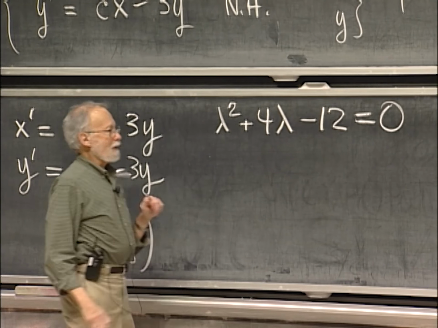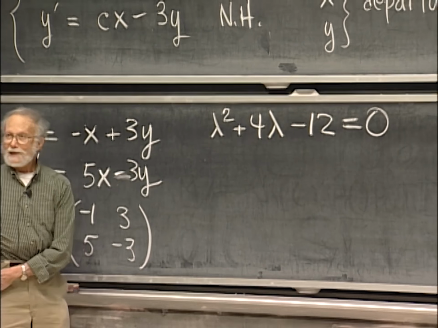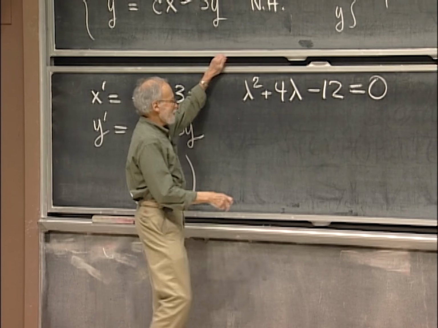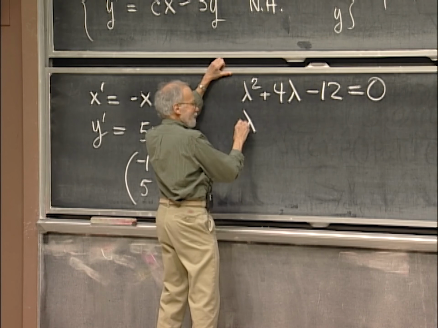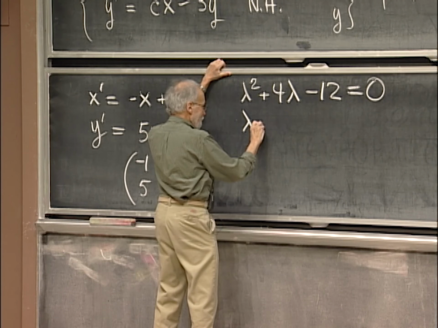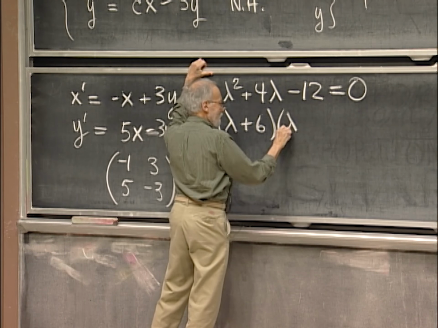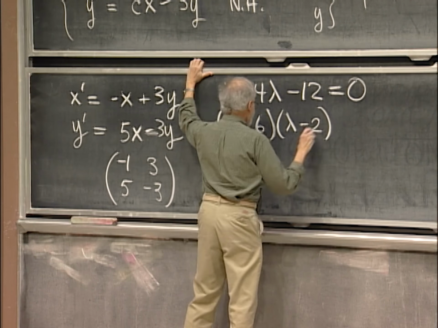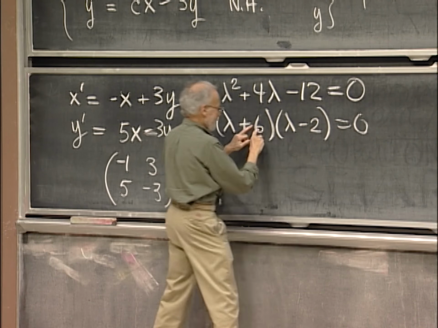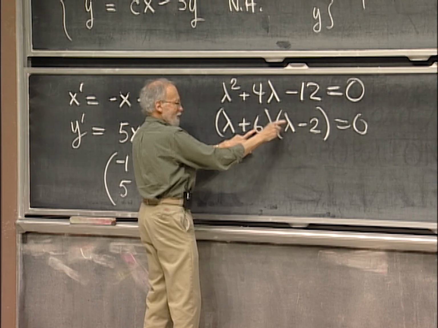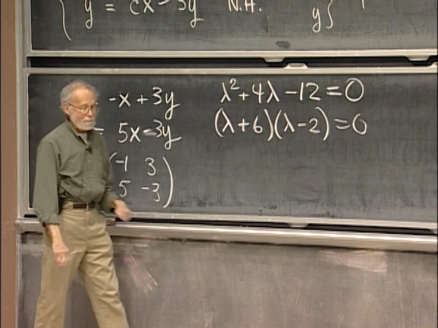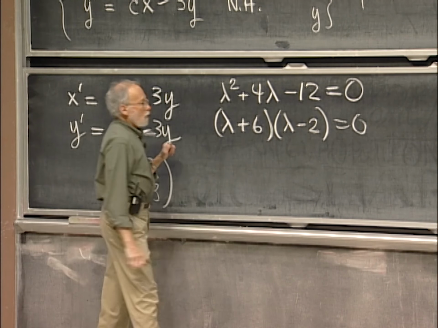And because I prepared very carefully, all eigenvalues are integers, and so this factors into lambda plus 6 times lambda minus 2. Does it not? Yes. Right? 6 lambda minus 2 lambda, 4 lambda. Good.